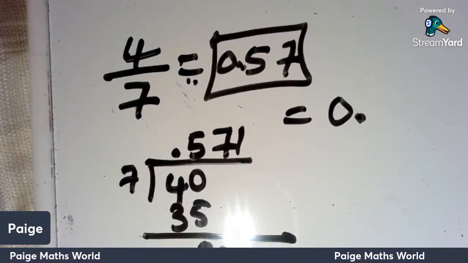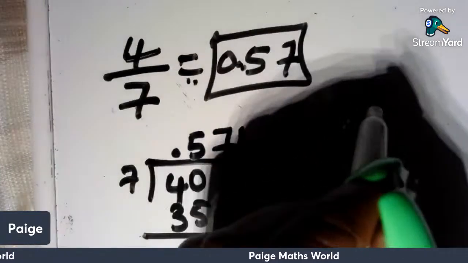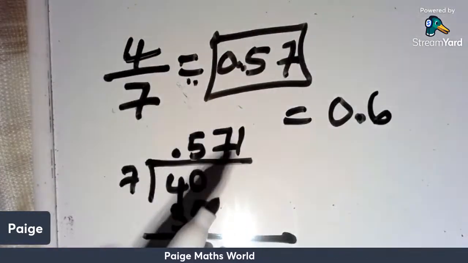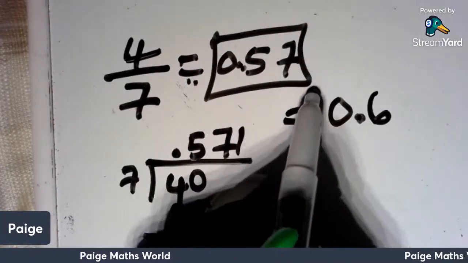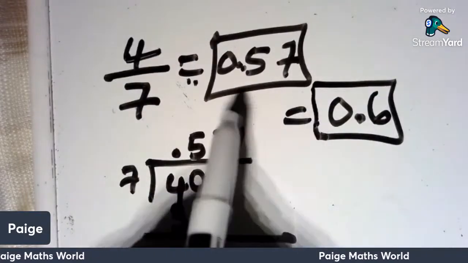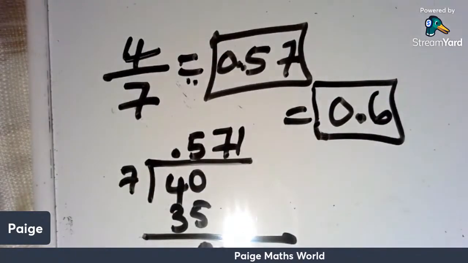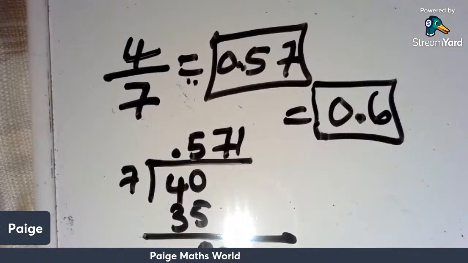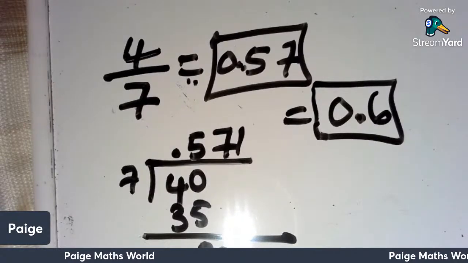Good job, Taryn. Yes, 0.6. So the answer for 4 over 7 as a decimal would be 0.6 or 0.57. Well tried, Dolly and Raymond.